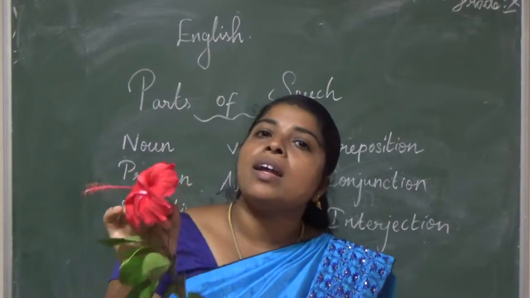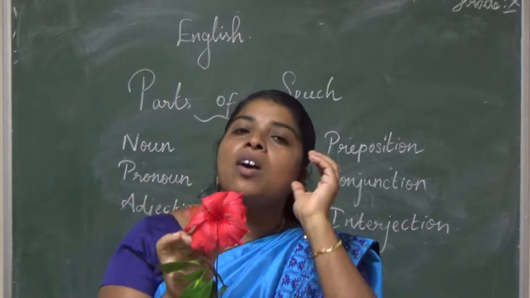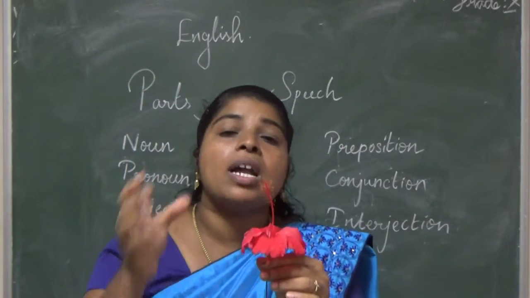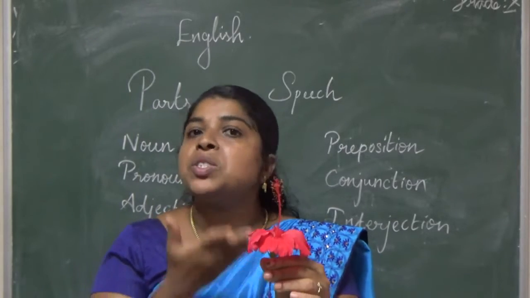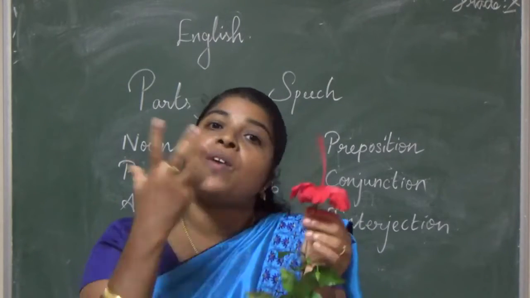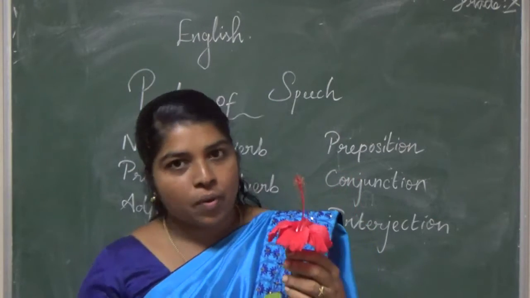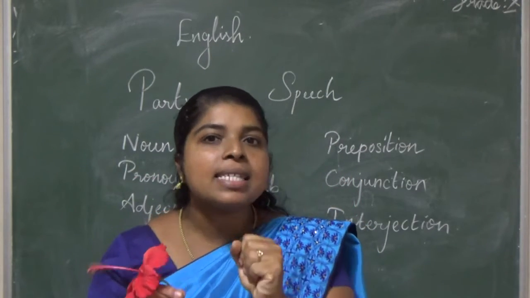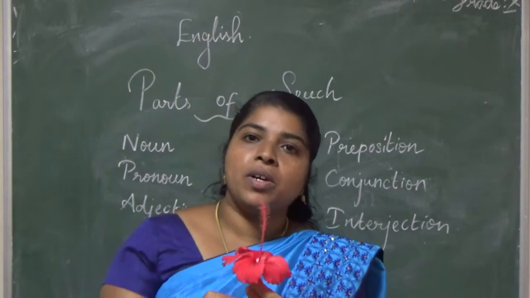So this, a flower, is a noun. Red flower or beautiful flower is an adjective. If I use this or it instead of flower, it is a pronoun. Then I talk about blooms, flower blooms. It's an action of the flower. Or I pluck it from my garden. Pluck is an action, so that is also a verb.